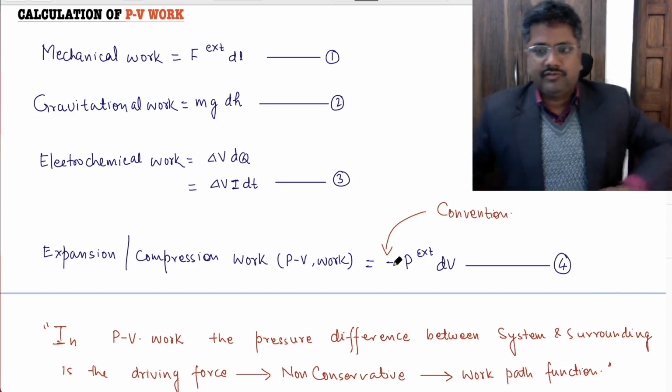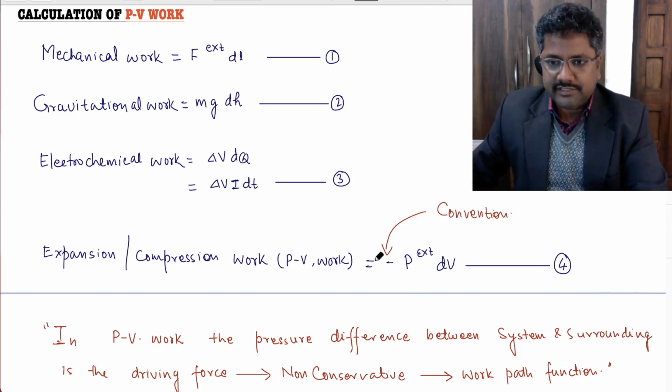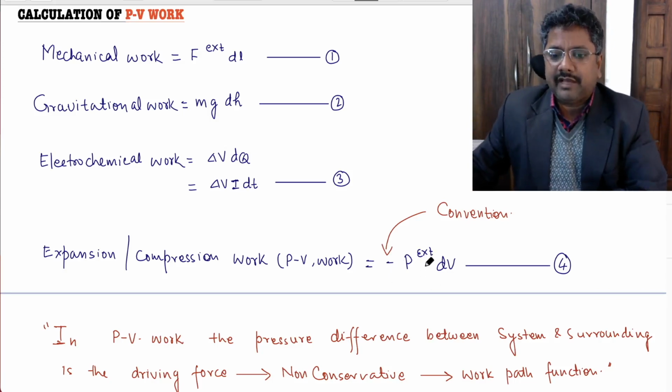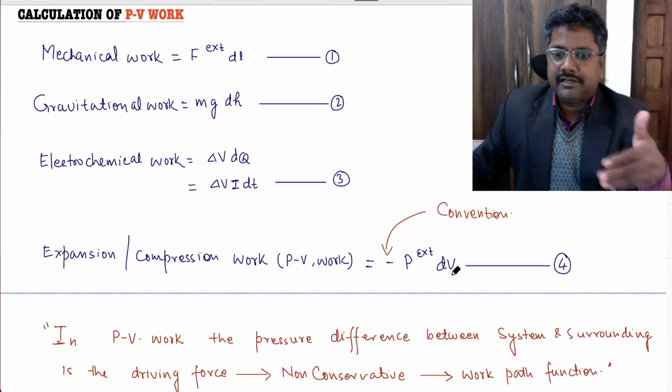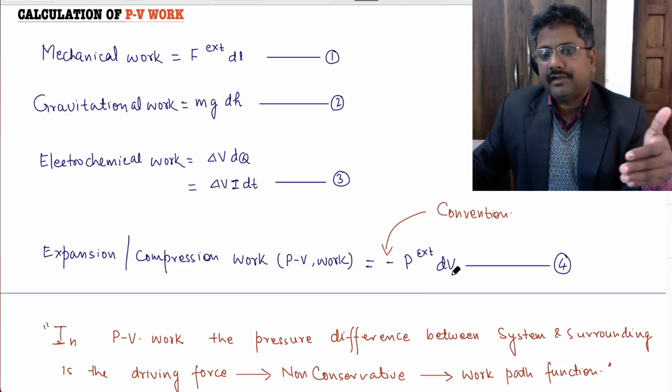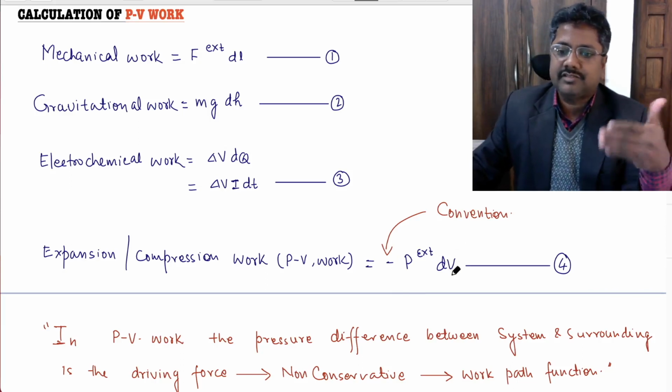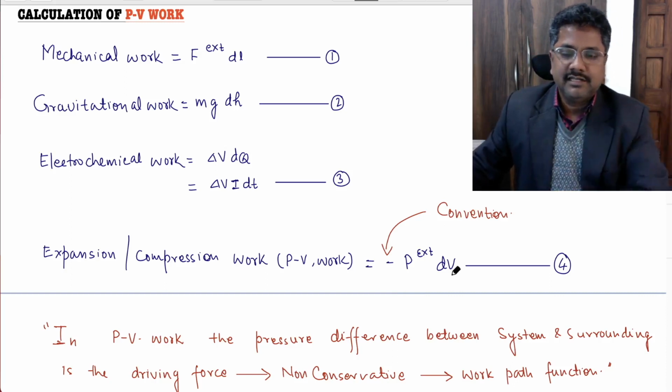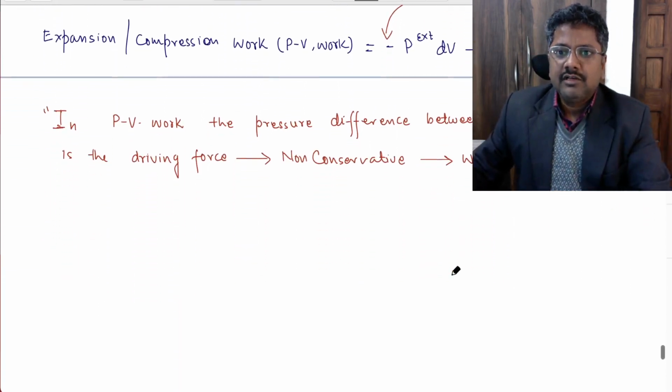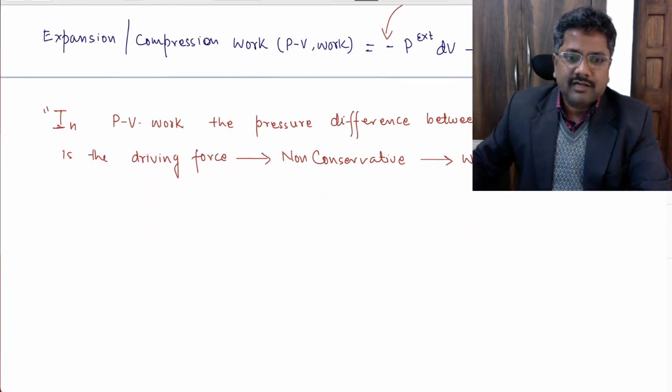So this is the default formula, the master formula for the calculation of PV work. Now you can change this formula and make different formulas for different processes, for example reversible process, irreversible process, like that.